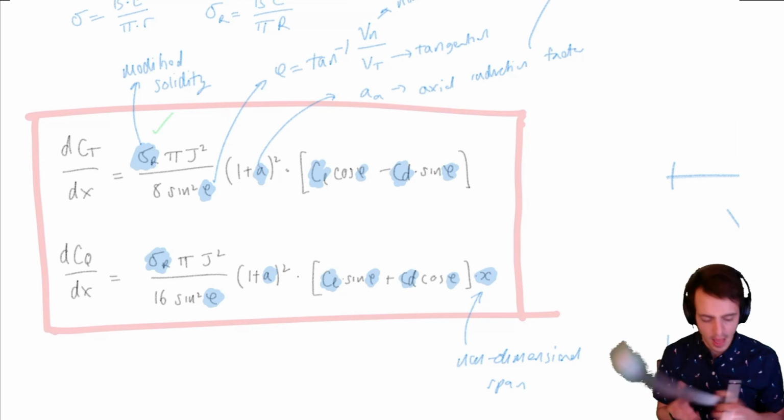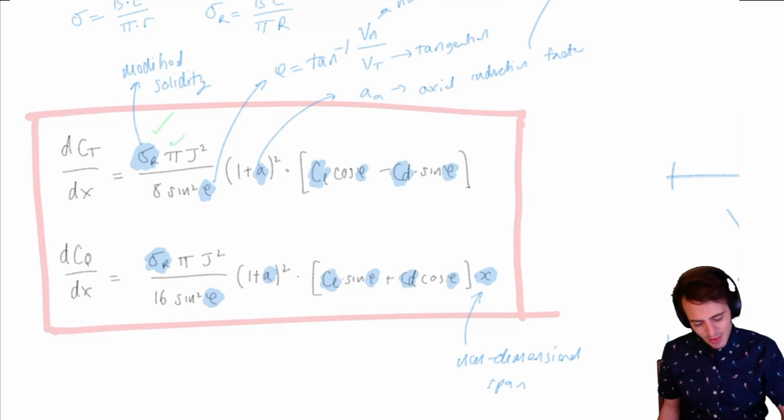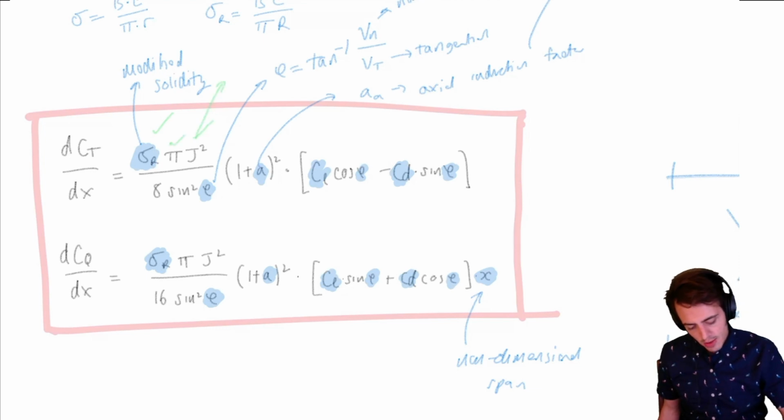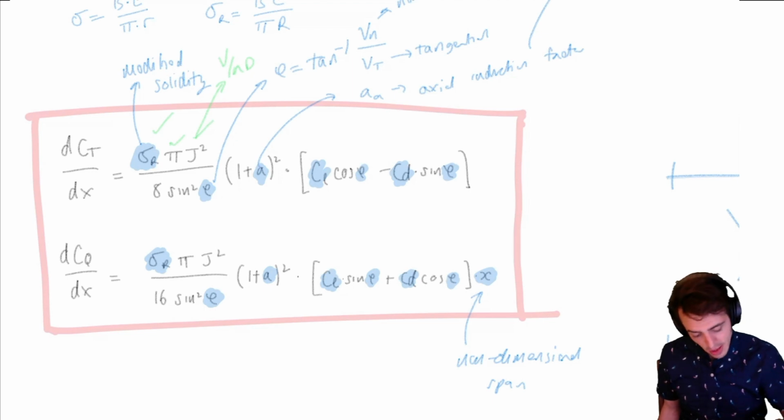So we can determine that. What else have we got here? So we've got that pi again. J, we remember J is V on ND, so that's going to depend how fast we're flying and how quickly the propeller's spinning, but we know it. A, we don't know yet, so we don't know what A is.